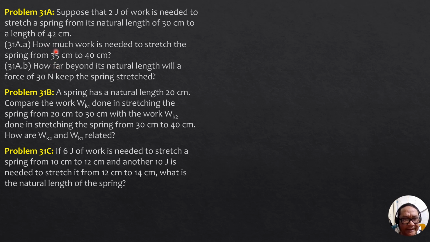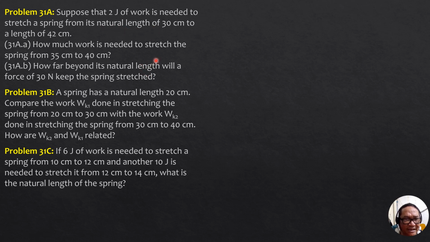For 31A, work is equal to K over 2, spring constant over 2 times quantity final displacement square minus initial displacement square, where final displacement is the difference between the final length of the spring and its natural length. Then the initial displacement is also initial length minus natural length.